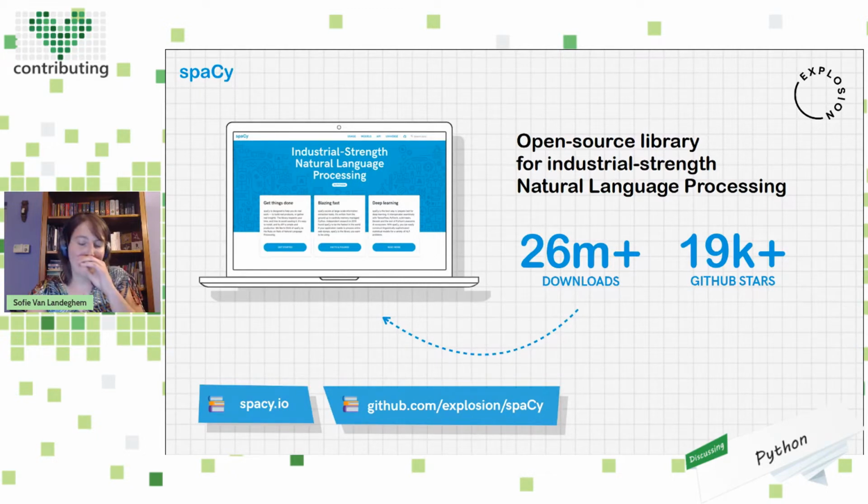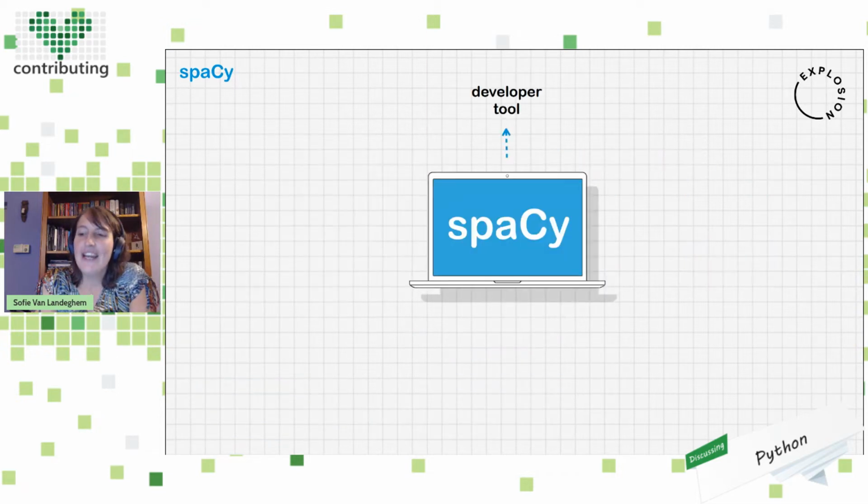And you can see the URLs on the slides as well. So spaCy is being developed pretty much as a developer tool, and I think this is a crucial point to make. If you're trying to understand what spaCy is about, I've been working at J&J, Johnson & Johnson, the pharmaceutical company, for quite some years, where I was working as an NLP engineer as well.